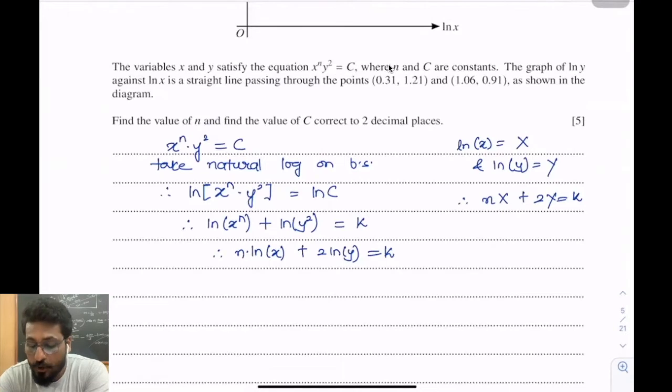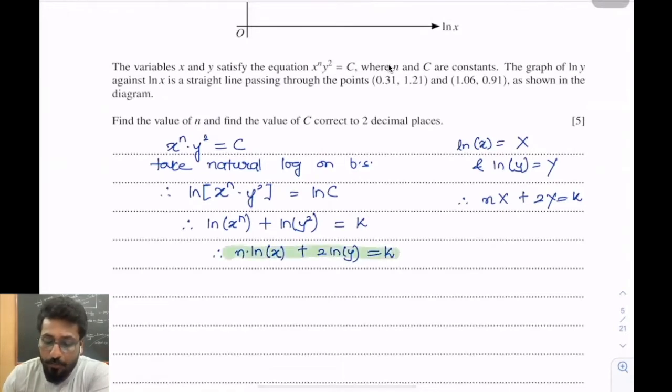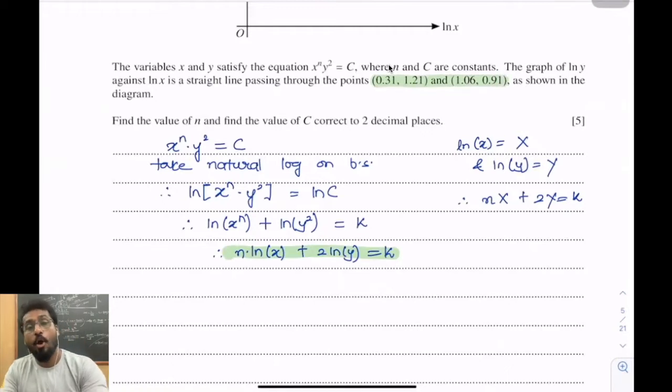Okay, fine. So this is the equation that we have got. And for this particular equation, which represents a straight line, there are 2 points on the line given to us, right? These 2 points lie on the line.